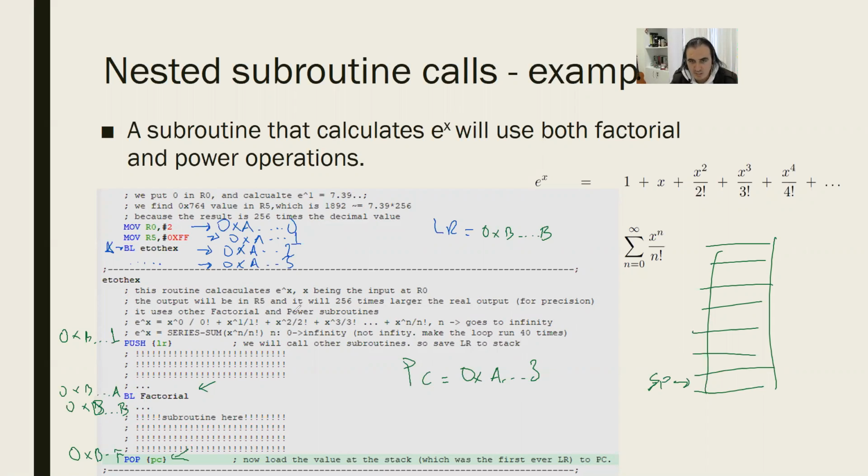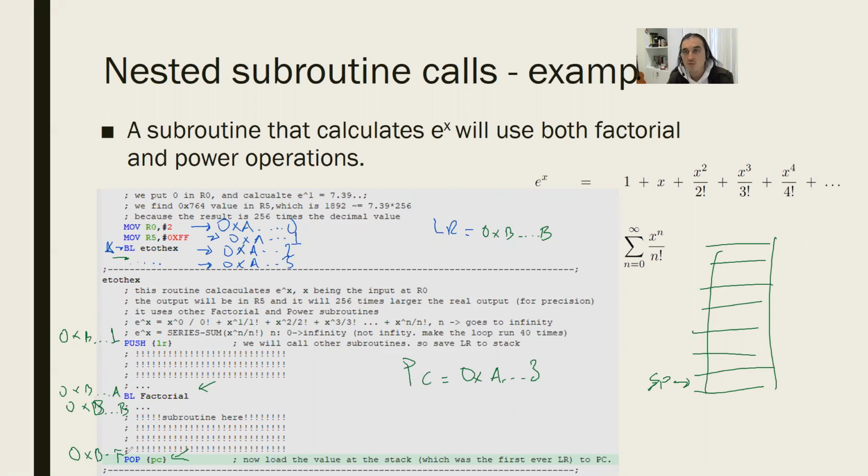And if the PC is pointing here, I'm here again. So I was able to return. I didn't get back using BX this time; I got back using pop PC. That's how you do nested subroutine calls.